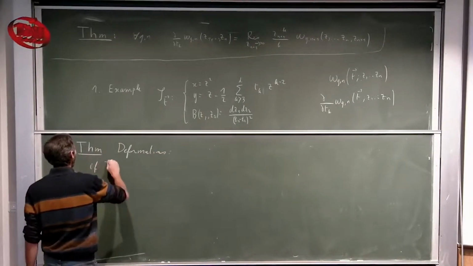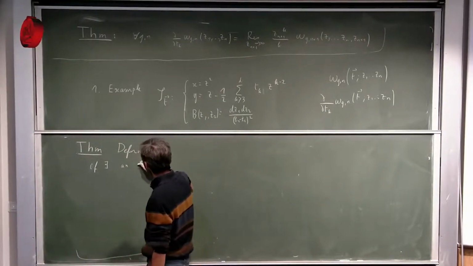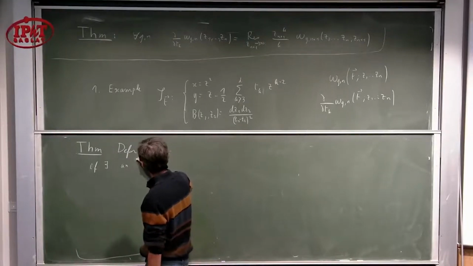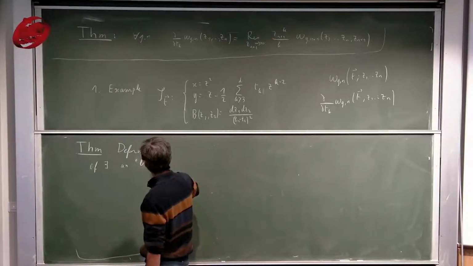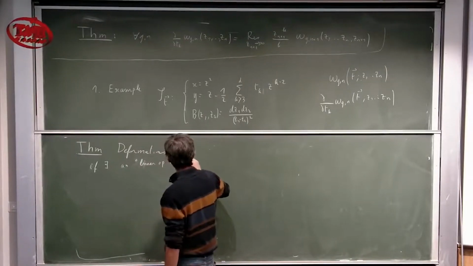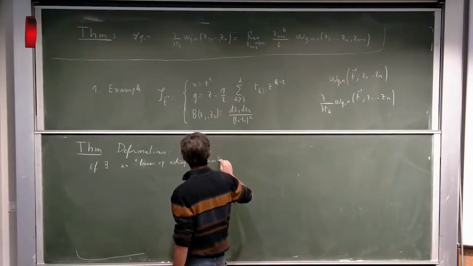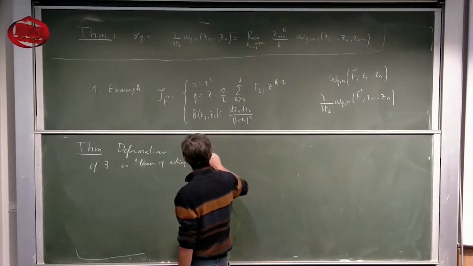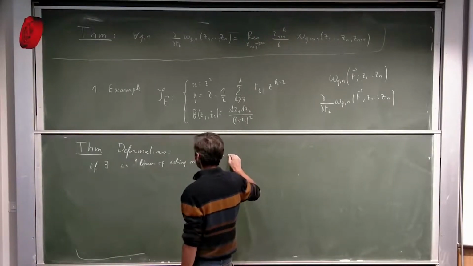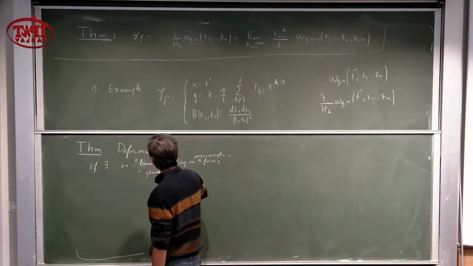If there exists, let me call it, a linear operator acting on one forms, meromorphic one forms. Or this is also what I will call the generalized cycles.